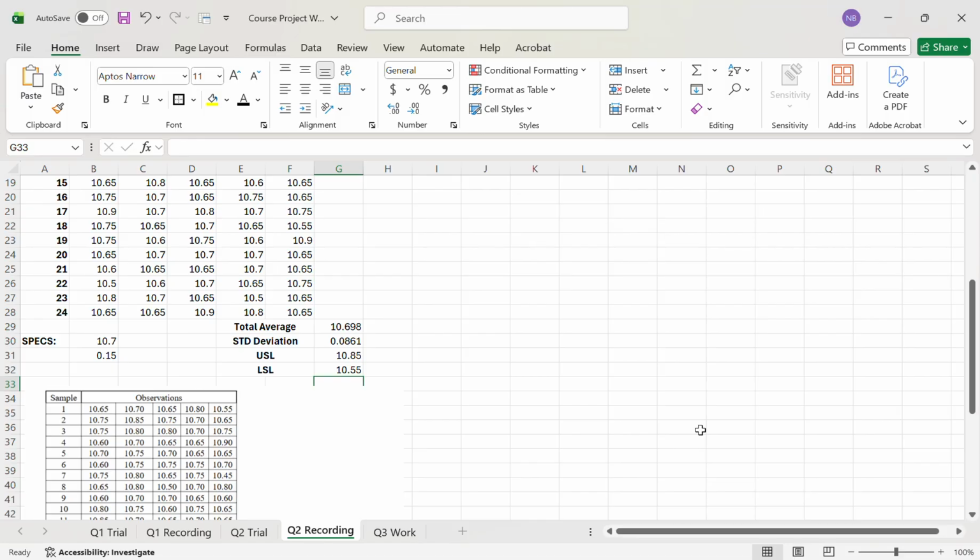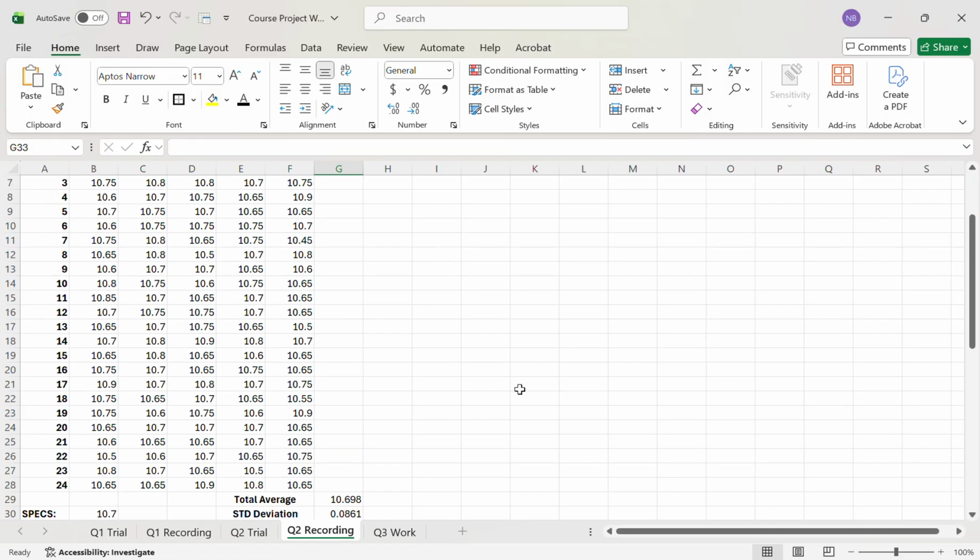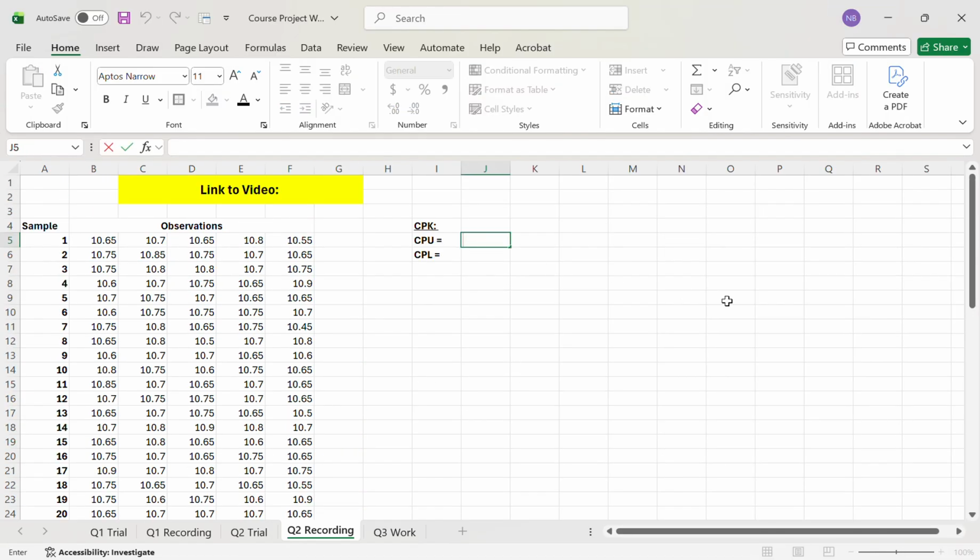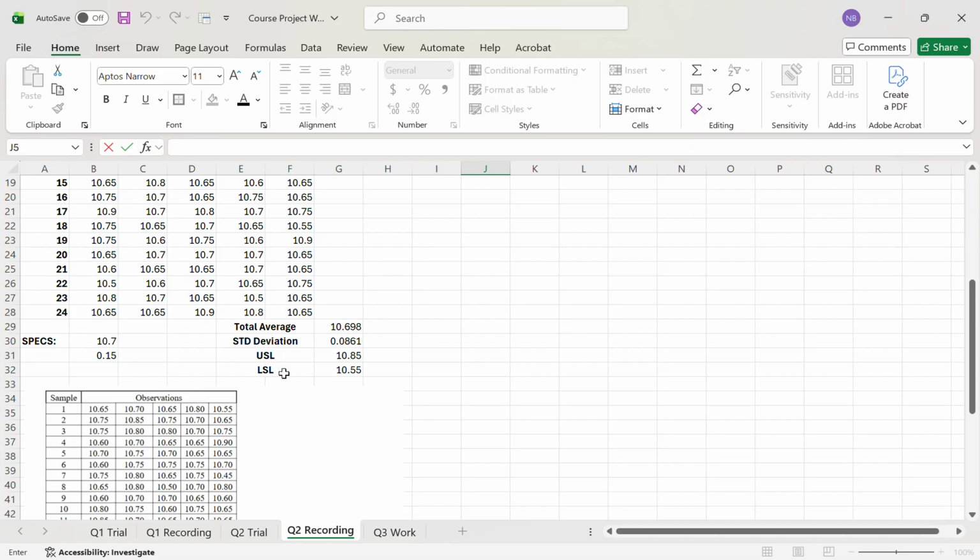Now that we have found all of our needed numbers, we're going to work on calculating the CPK. And to do that, we're going to calculate the CPU and the CPL, which is the upper capability index and the lower capability index. So to find the upper capability index, it is the upper specification limit that we calculated down here, minus the average, which we calculated here, divided by 3 times the standard deviation.